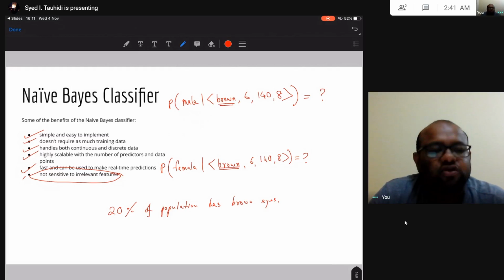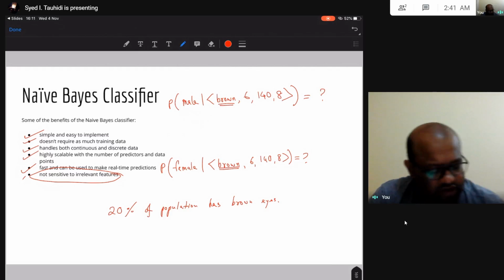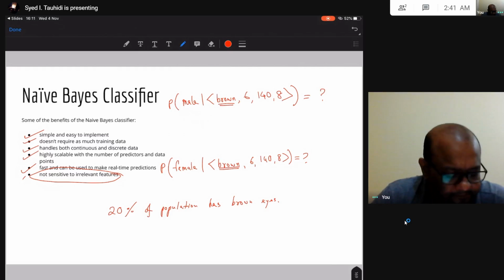All right, so if we assume that the color of eye is irrelevant, then both of them should have this equal value. Okay, so if 20% is the thing, right? I hope you get this, right?